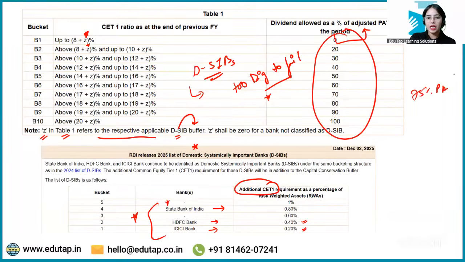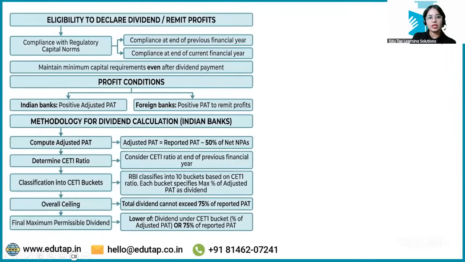Okay, now to summarize everything, the eligibility to declare dividend or to remit profits, compliance with the regulatory norms is required. Capital has to be maintained for the previous financial year. In the previous financial year, you must have followed the minimum capital requirement. And at the end of the current financial year also, you should be maintaining the capital requirement.